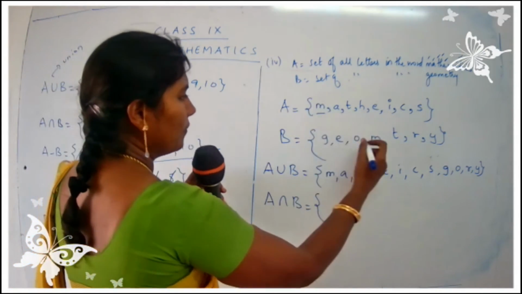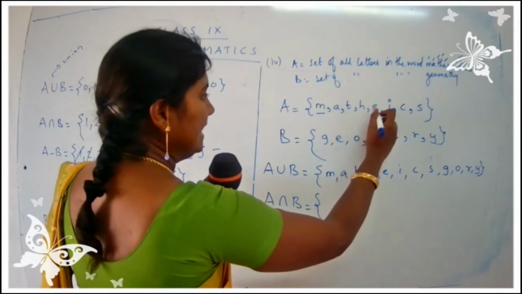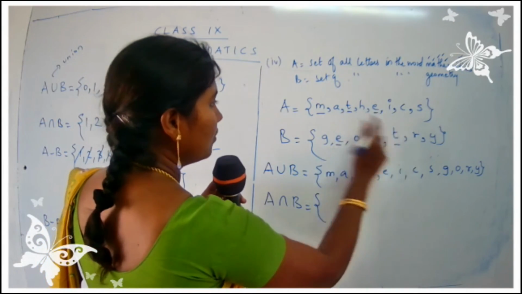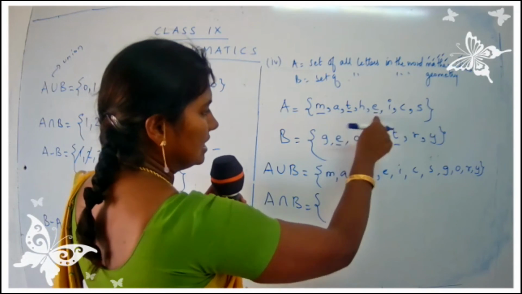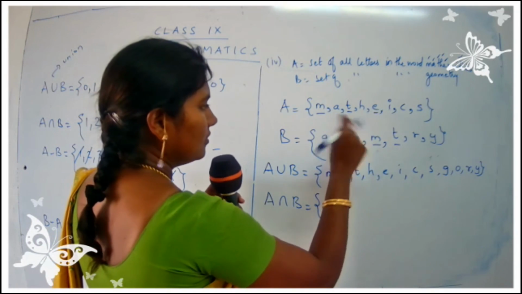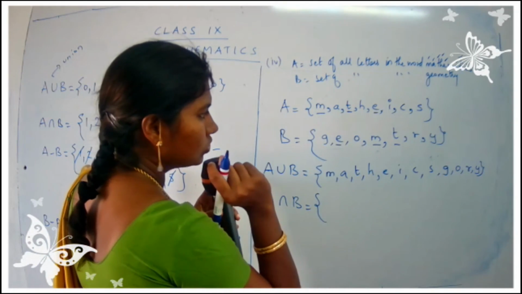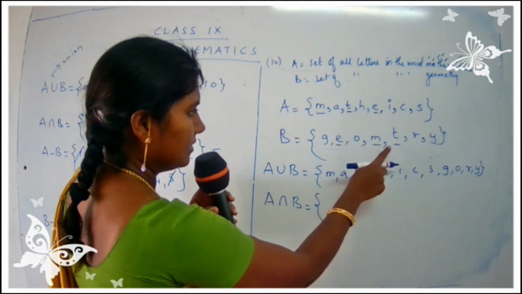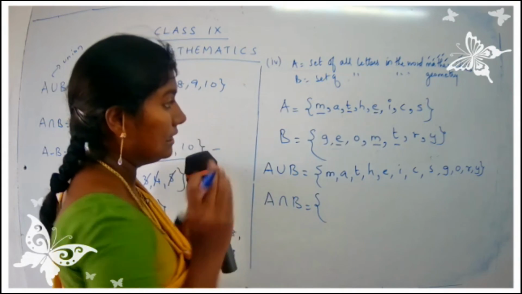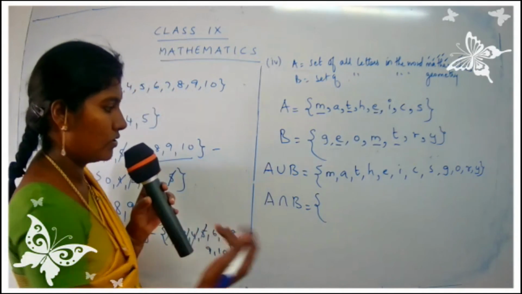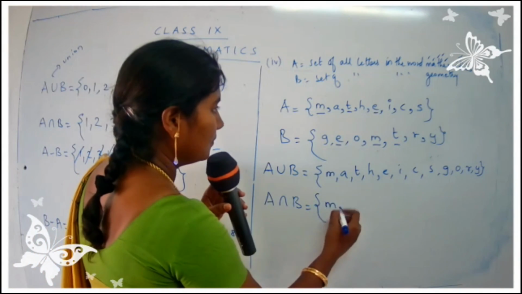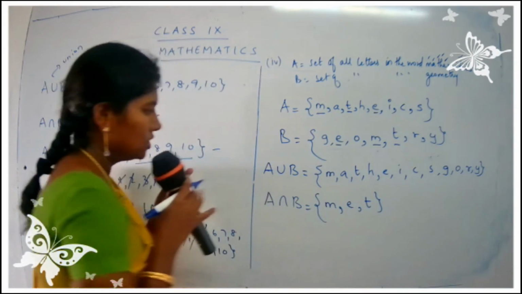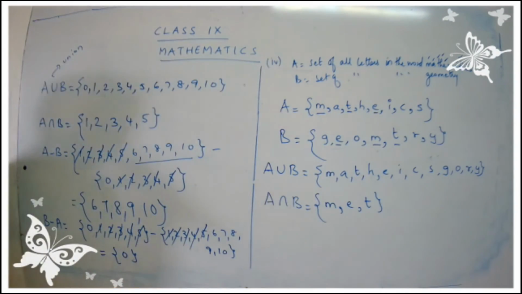M is common. E is common. T is common. So M, T, E. M is there. A is not there. T is there. H not there. E is there. I, C, S are not there. So common: M, E, T.